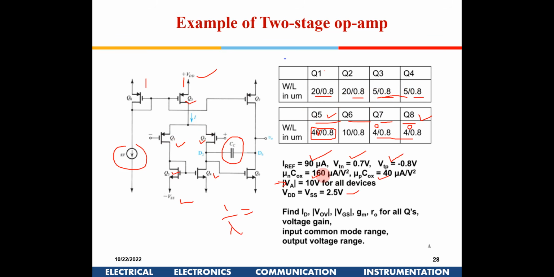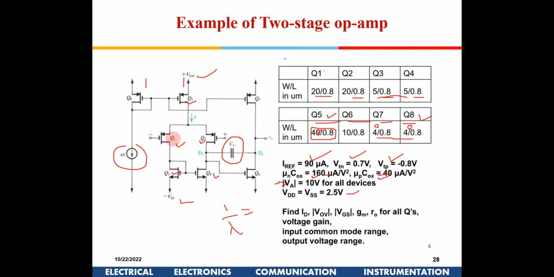But then mu n Cox and mu p Cox differ by 4 times. That means mu Cox into W by L is constant for this transistor and this transistor. Is it okay with all of you? Yes, sir.